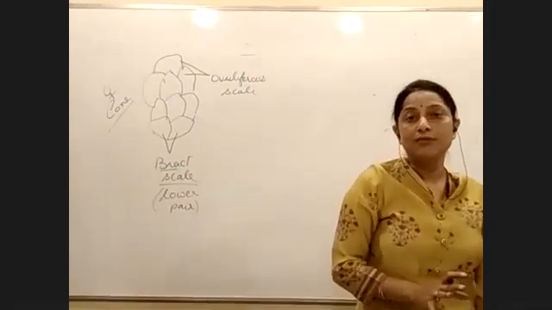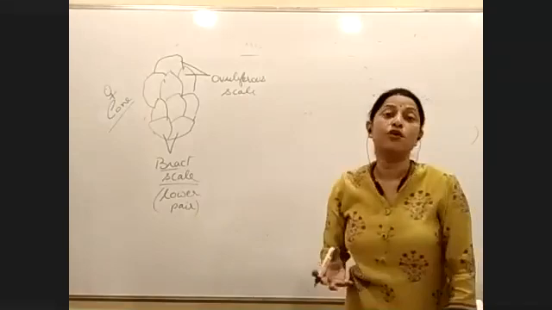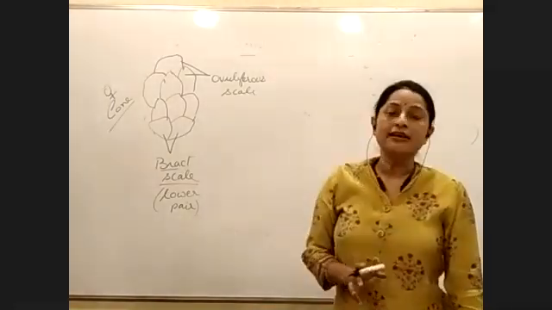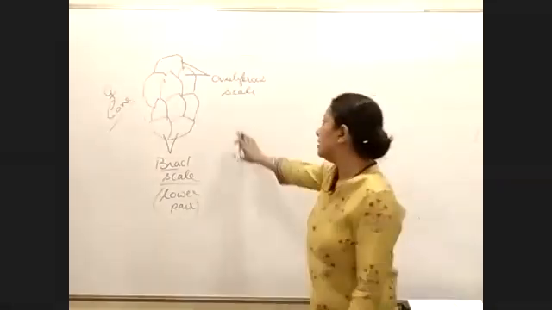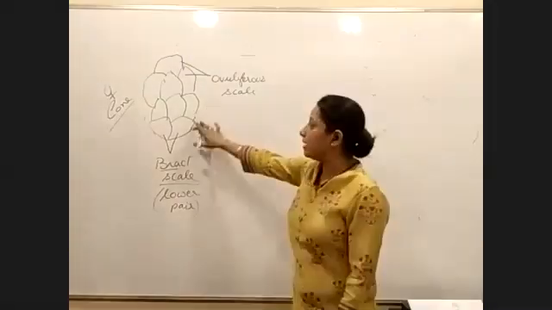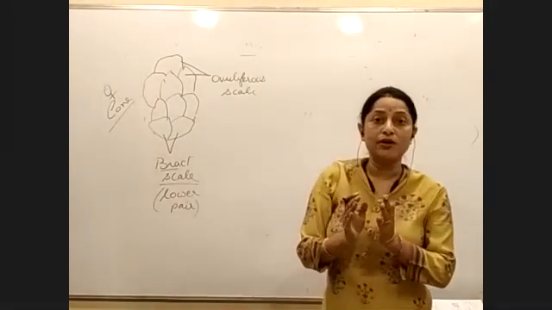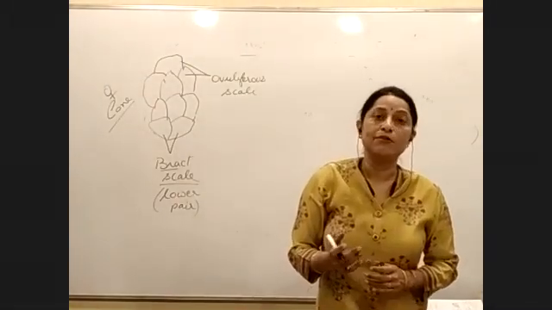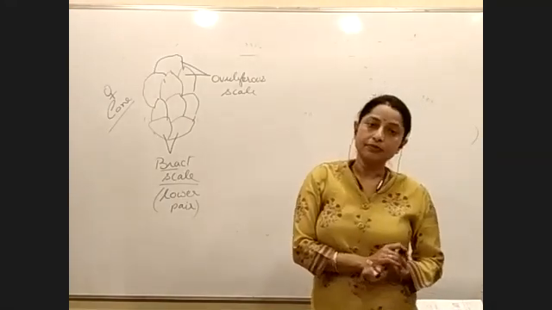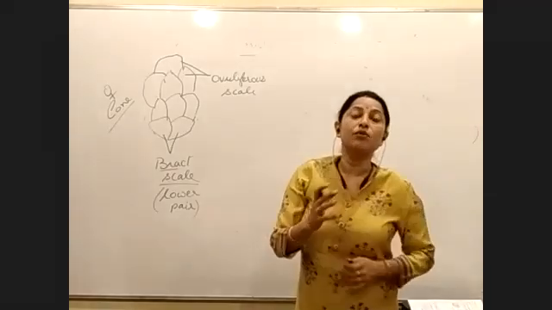Since we use the word leaf, will the leaves be green or brown? Obviously they will be brown in color, because we have used the word scale leaves. The cone is made up of scale leaves and not foliage leaves. Is the point clear? Here we see a brown-colored cone.